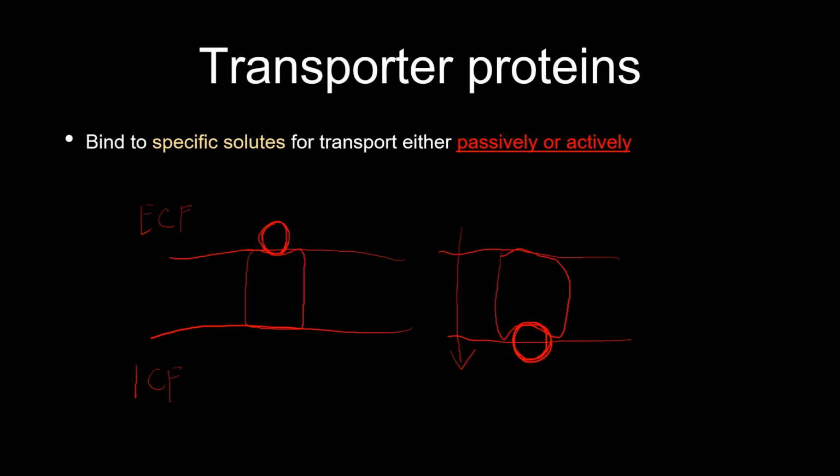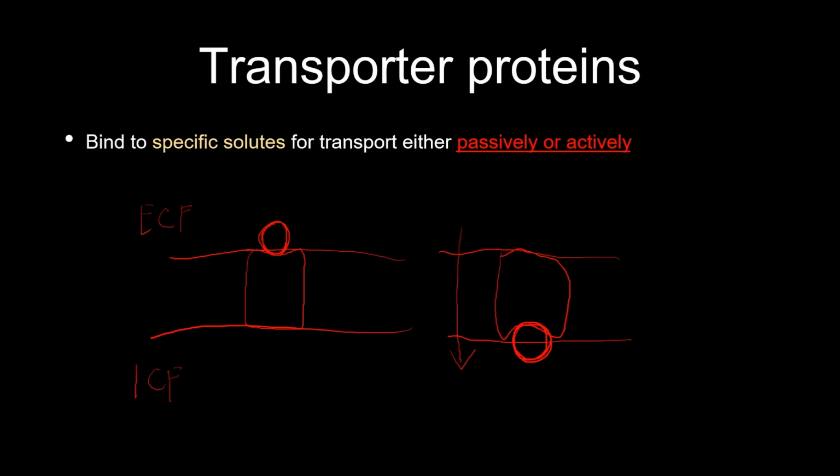Now, transporter proteins can be classified as either passive or active. I think this was mentioned previously: when we say passive diffusion, the movement is along the gradient and it does not require energy. On the other hand, active transport refers to movement against the concentration gradient, and it requires the use of ATP.